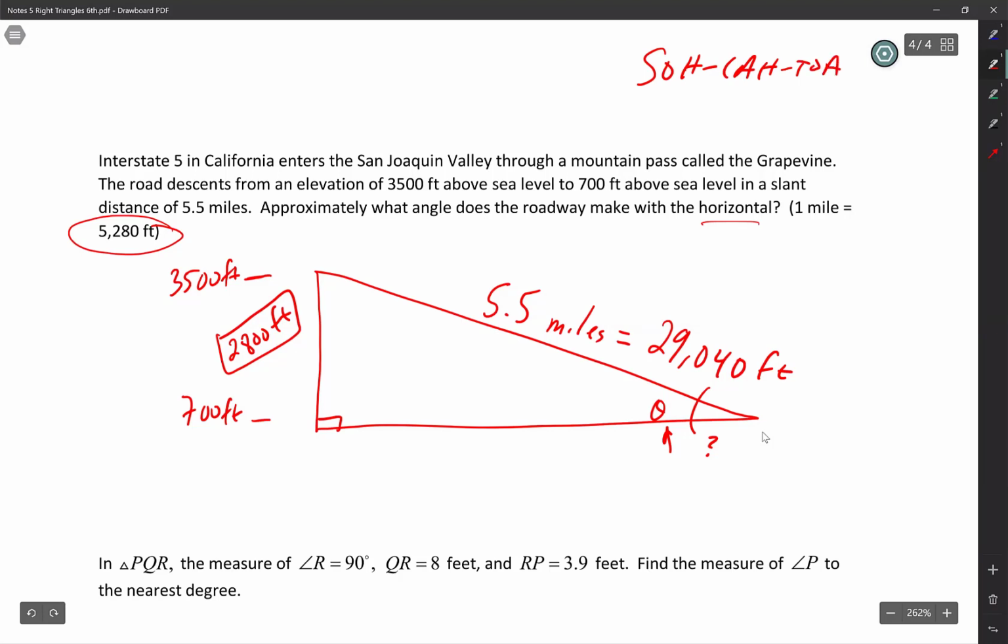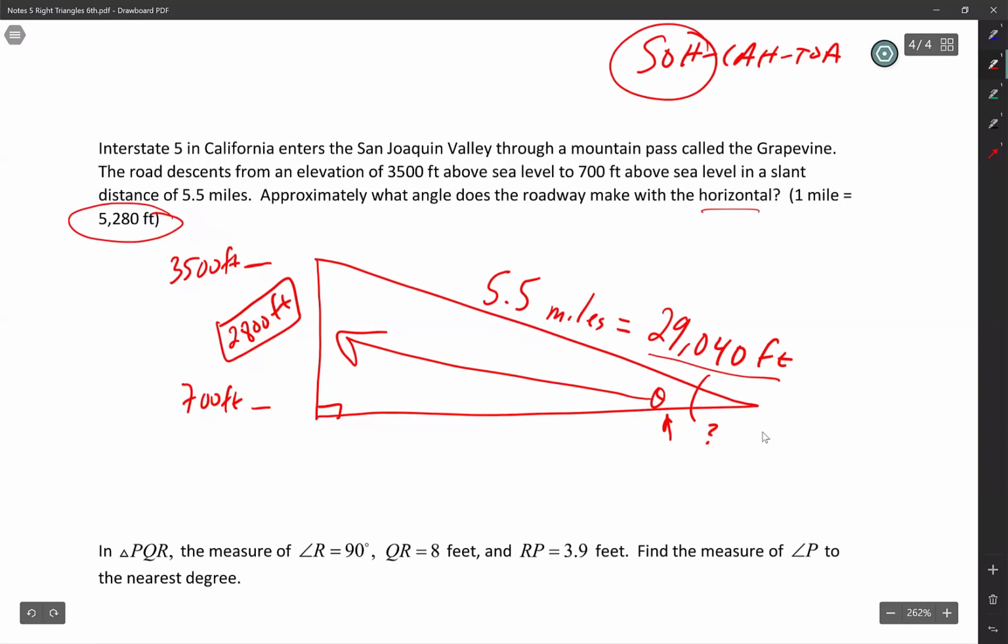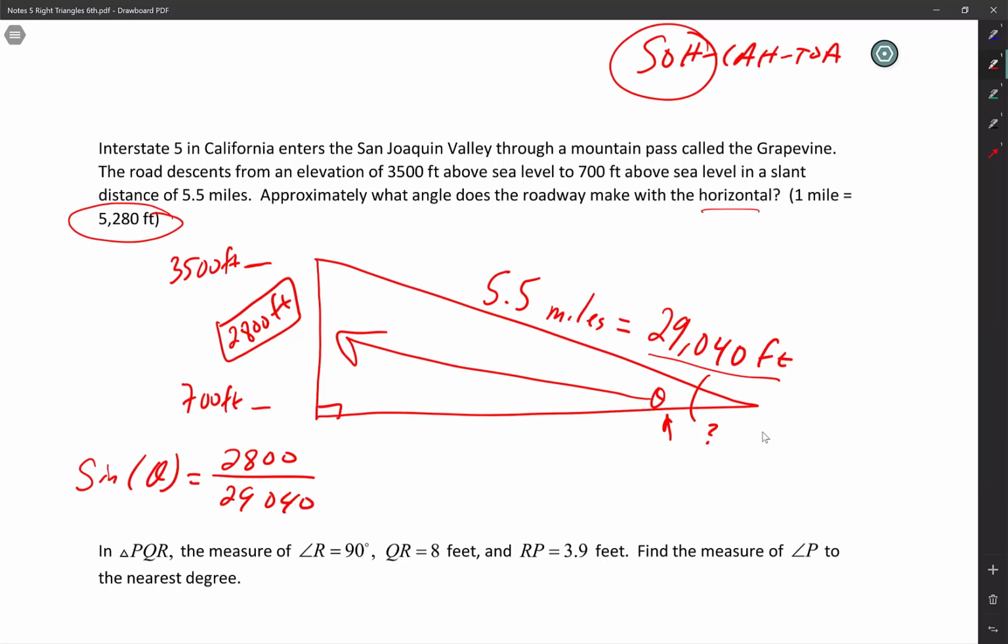And then I write SOHCAHTOA. With respect to this angle, that 2,800 is opposite, and that 29,040 is the hypotenuse. The only one that uses opposite and hypotenuse is sine. So sine of that angle is equal to 2,800 divided by 29,040. Is everyone okay so far, guys?